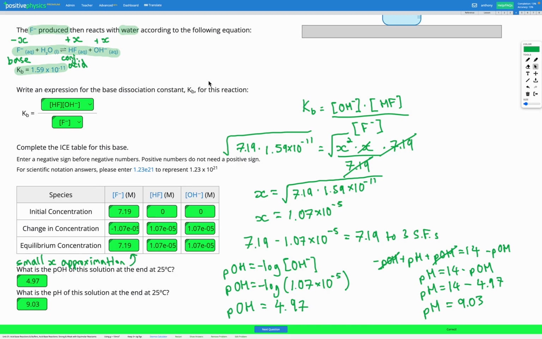So that's why we had to use the base dissociation constant and an ice table to figure out what the equilibrium concentration of H plus or OH minus ions would be for the given conjugate acid or conjugate base. And then we could use the equilibrium concentration of OH minus or H plus ions to figure out the pH or pOH in the end.